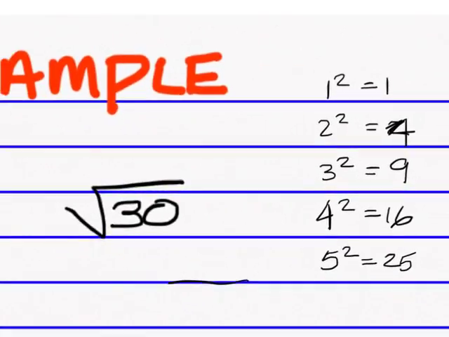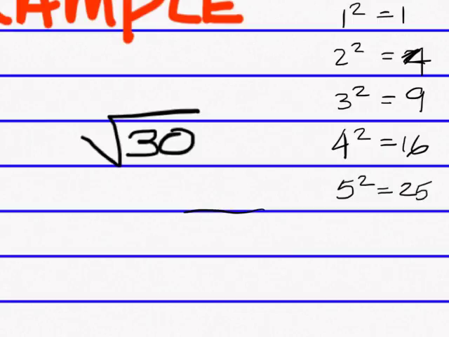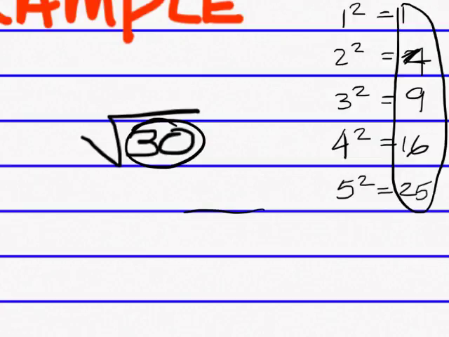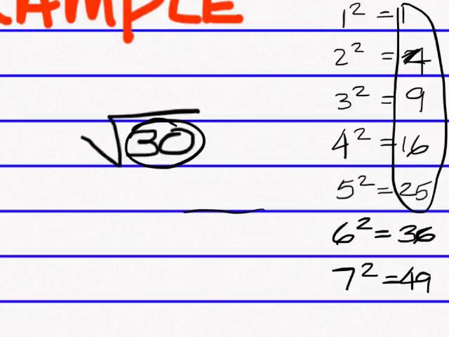So knowing that, you want to find the 2 perfect squares that this number falls between. I don't see it in the list yet, so I'm going to keep going. 6 squared is 36, 7 squared is 49. Are there 2 numbers between which 30 is present?